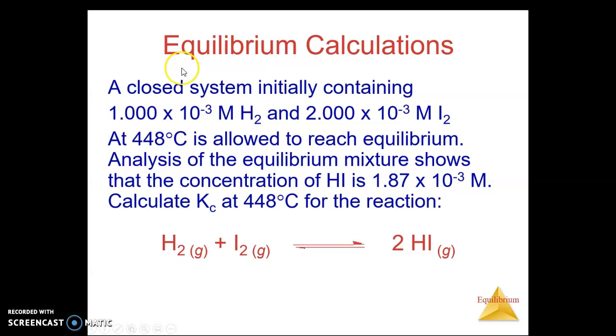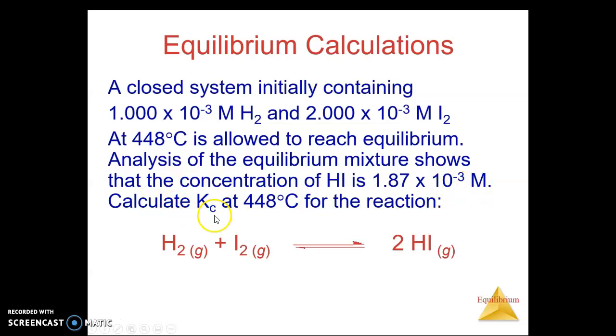Let's just do some. A closed system initially containing 10 to the negative third molar hydrogen and 2 times 10 to the negative third molar iodine at 448 degrees Celsius can reach equilibrium. Analysis of the equilibrium mixture shows that the concentration of HI, the product here, is 1.87 times 10 to the negative third.